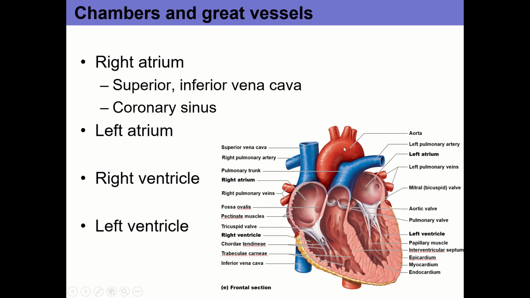This is your aorta up here. Because it has to send blood out to the whole body, whereas the right ventricle just sends blood to the lungs, the left ventricle has to generate quite a bit more pressure, has to be able to contract quite a bit harder, and so its structure reflects that. It has a lot thicker wall than the right ventricle.